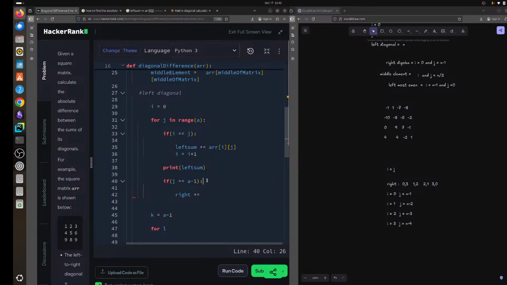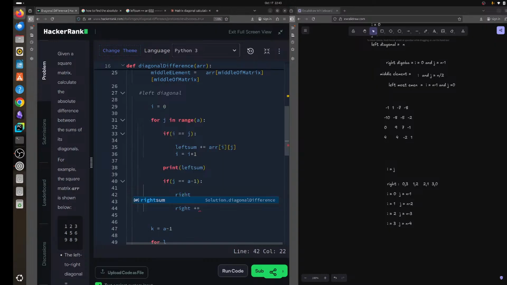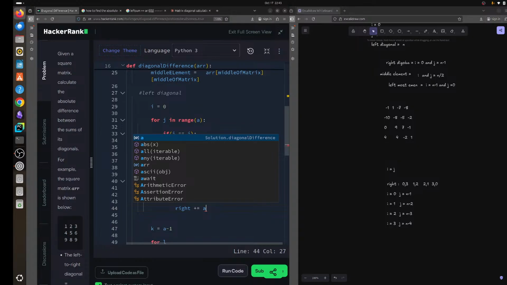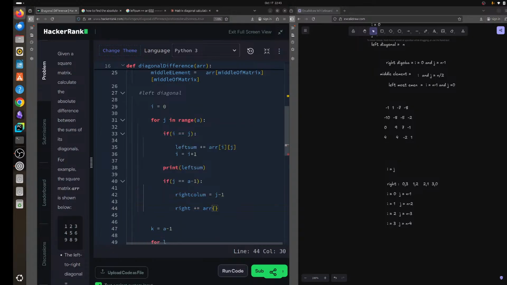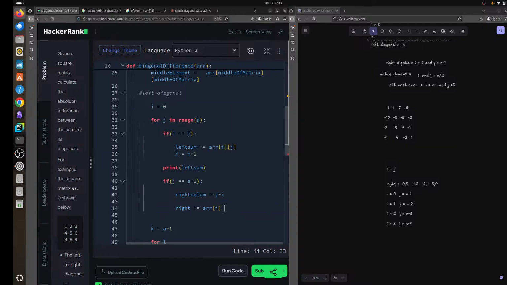Let's calculate one thing. Right column equals to j minus I. Right sum plus equals to ARR of I. I will be constant. I will travel like this, and j minus I. Okay.